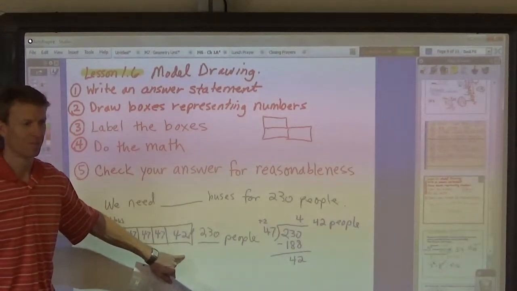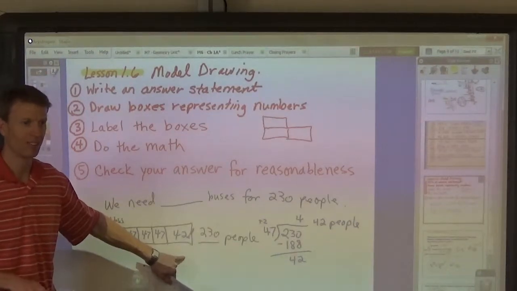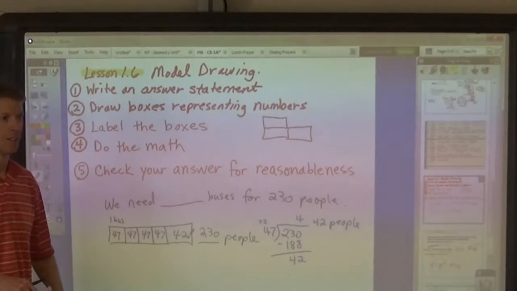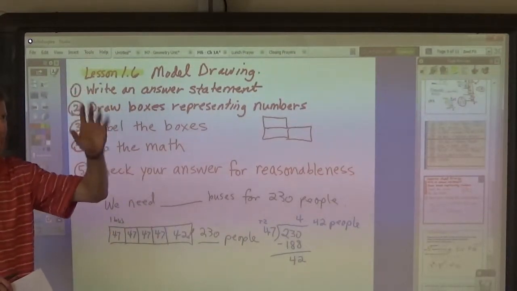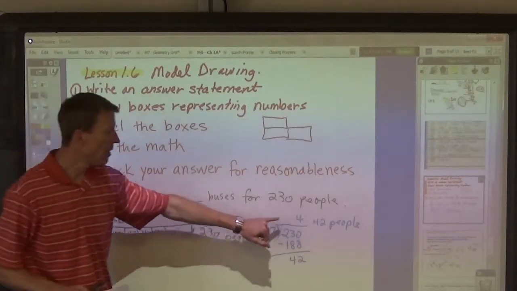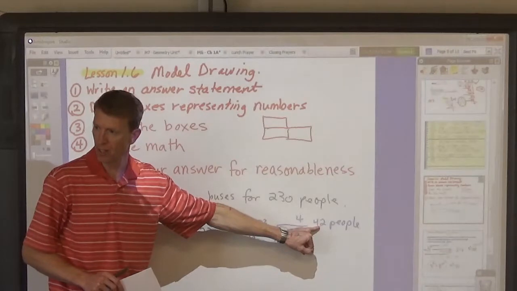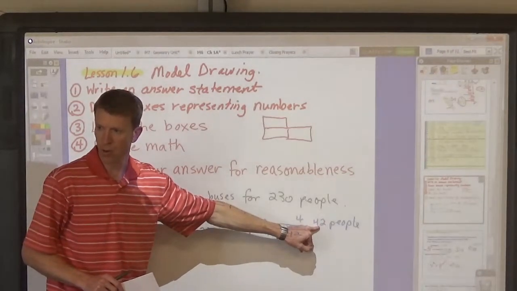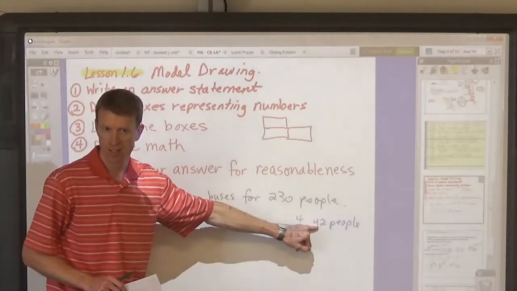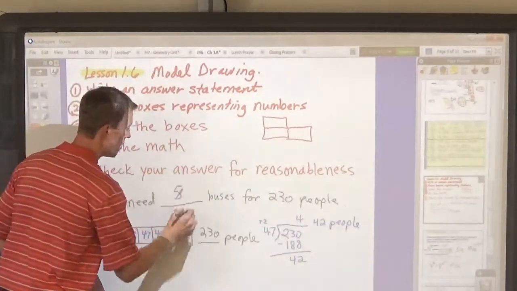No. Yeah, they bought a ticket, they get to go. So what are you gonna have to do? Matt? 5 buses. Raise your hand next time, okay? Get another bus. So we divided, we got 4, but because we have a remainder, we have to order another bus. So the answer is not 4 buses, it's 5 buses.